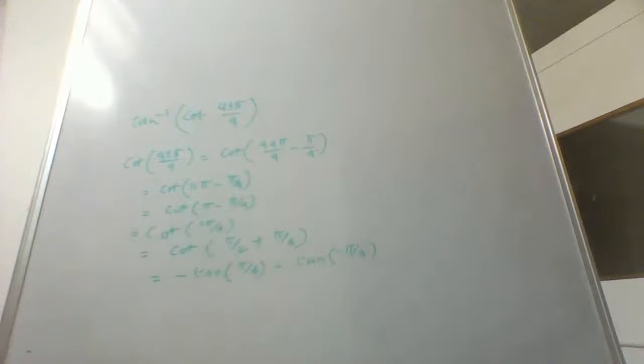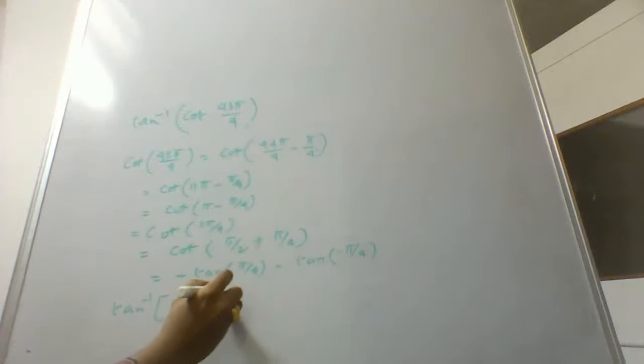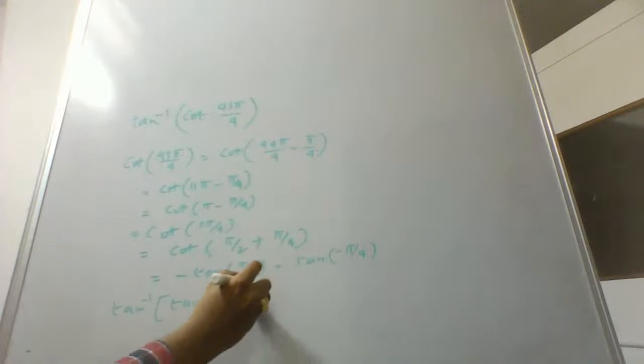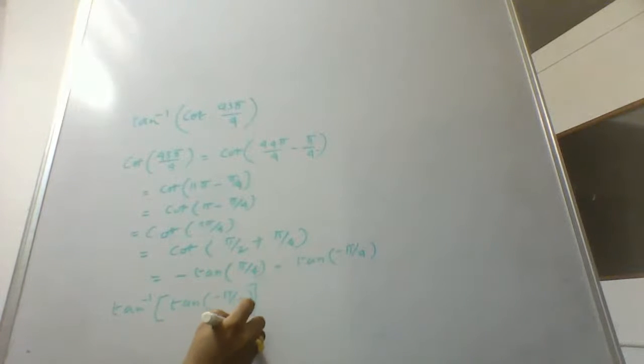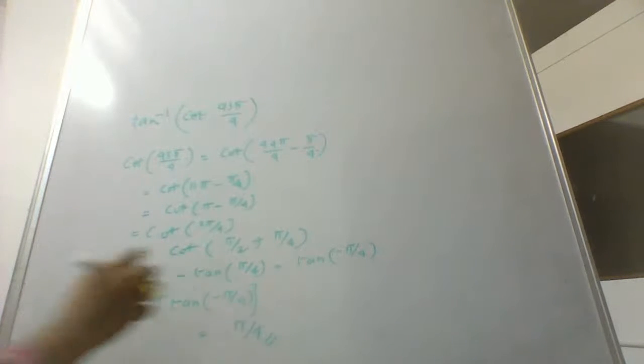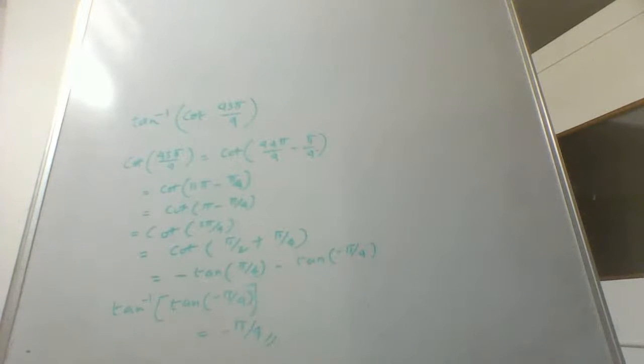So I need tan inverse of tan of minus pi by 4, which results in minus pi by 4. So that is the solution for that.